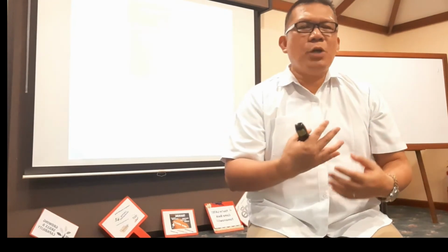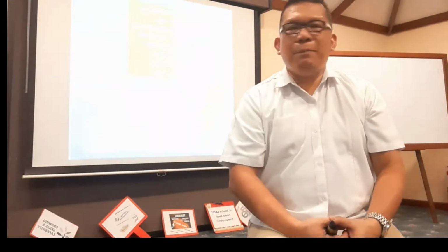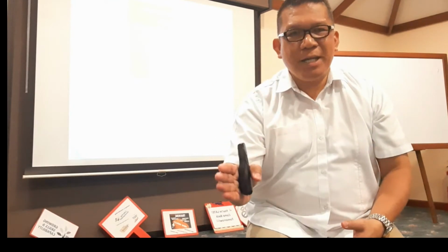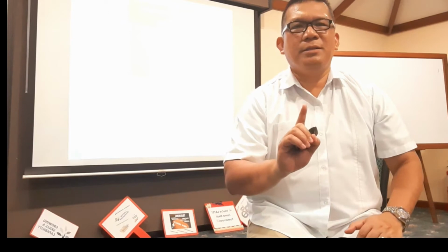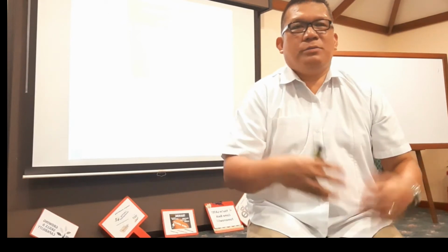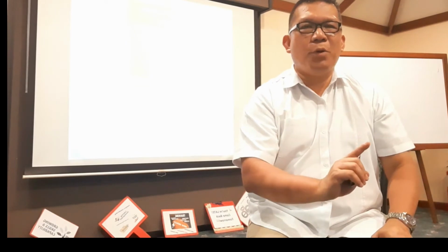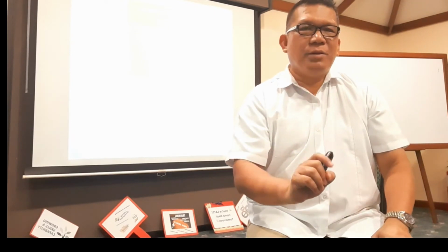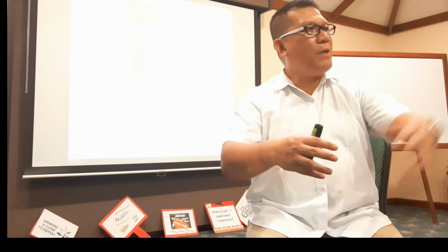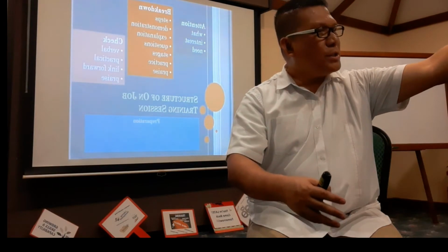Other than that, you have also to tell them where the exit of the venue of your training is. This is very important so that they would know where to go. And most important, the toilet. Where is the WC? Tell them that on the right side of the door, just go straight, then turn left, you can find the WC.